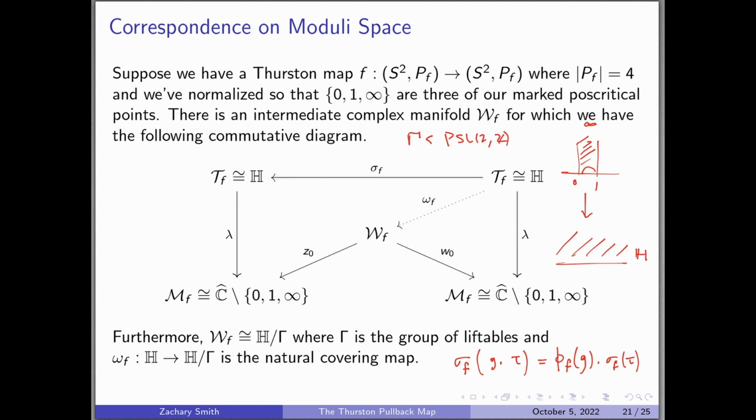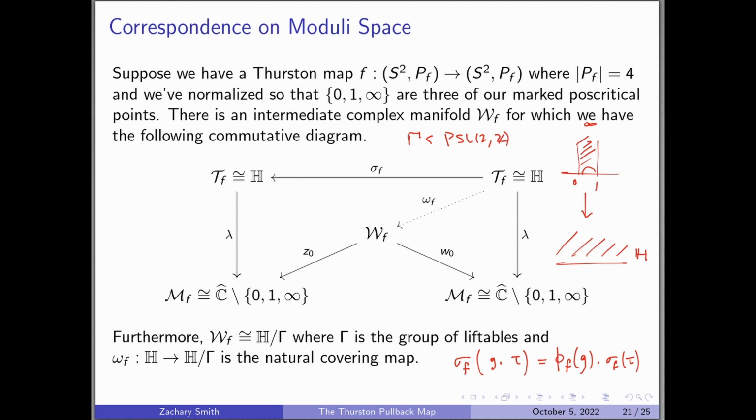So I'm just going to write this in because I ran out of room for it on the slide. But let's say I have a point tau in Teichmüller space, and I'm acting on it by some element of this group gamma, which again you can think of as an element of SL2Z up in the upper half plane.